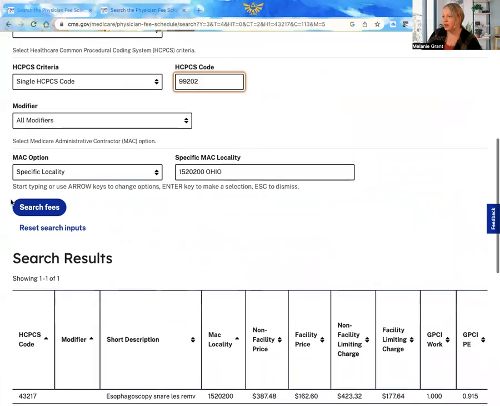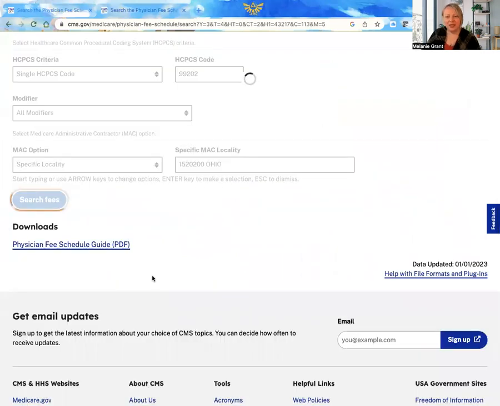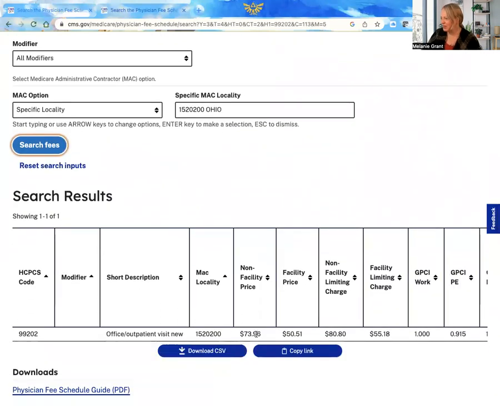Which, of course, as we saw on the Medicare website, I believe was about $173.96. Wow, my brain was not good at remembering those numbers.